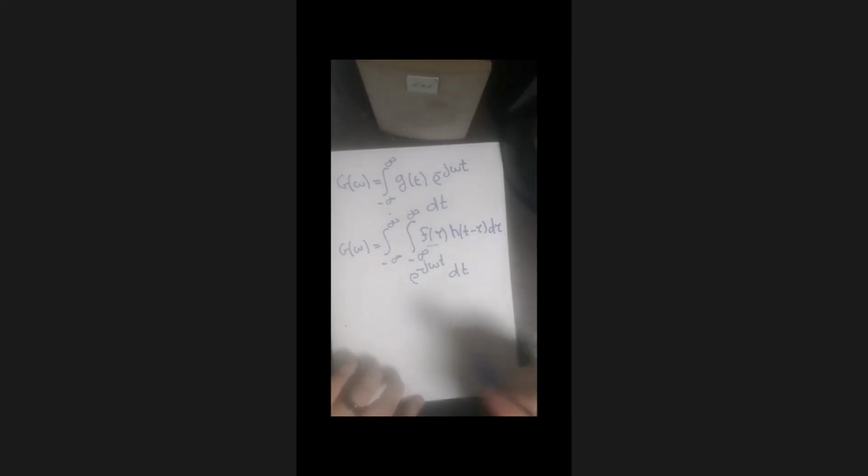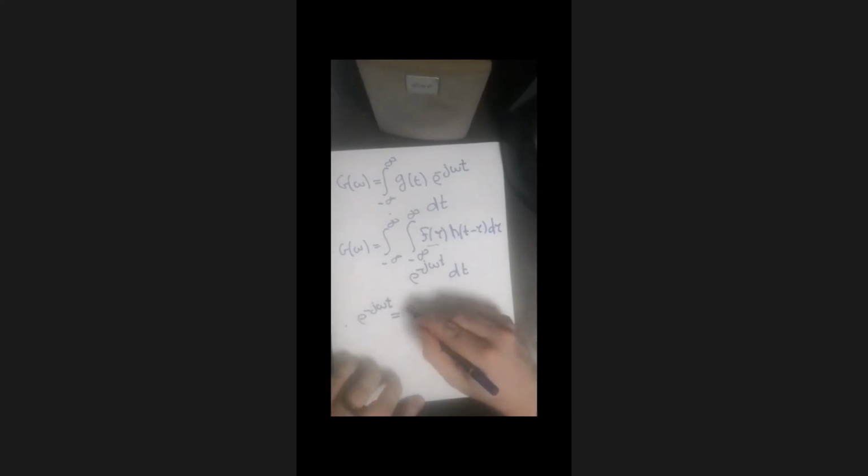What if we say e power minus j omega t, which is this exponential component, is equal to e power minus j omega times the quantity t minus tau plus tau. Simply, as you can see, it's the same. I add and subtract the same element tau. Nothing has been changed.